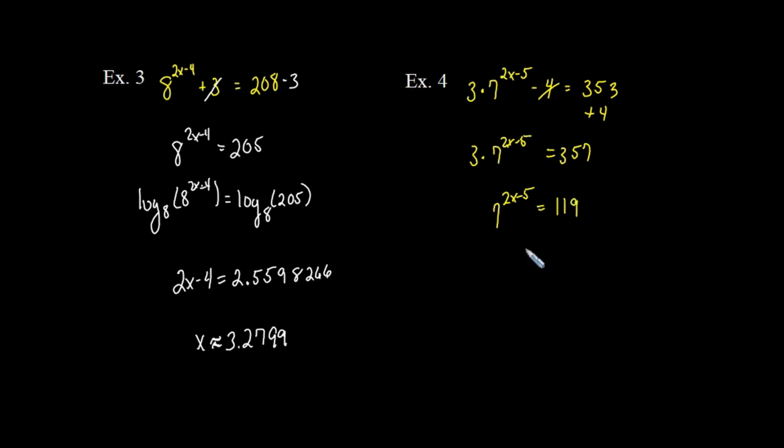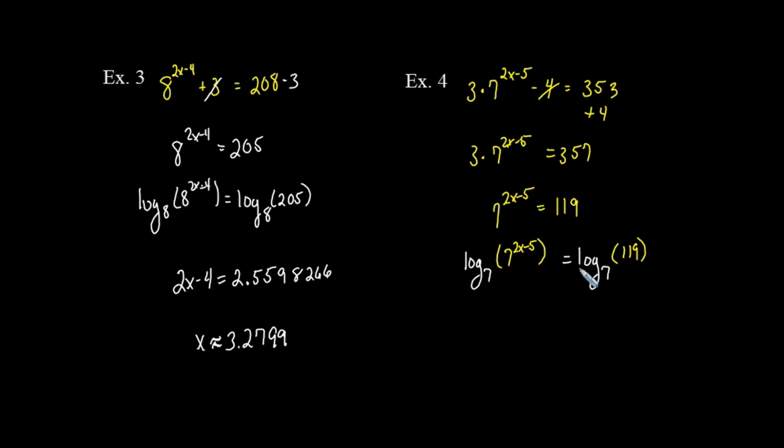And then we have our base and exponent isolated, so we will take log base 7 of both sides. 7 to the 2x minus 5, and then of 119. So it's just like taking the square root of both sides of an equation.